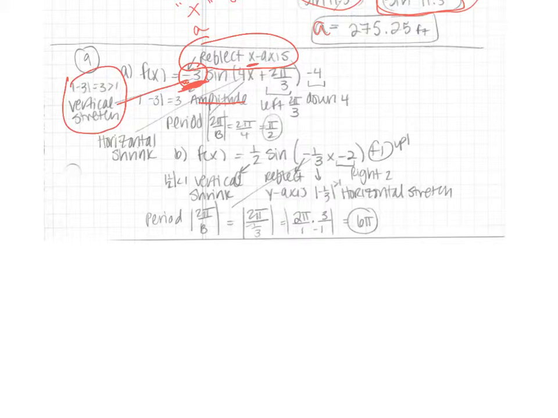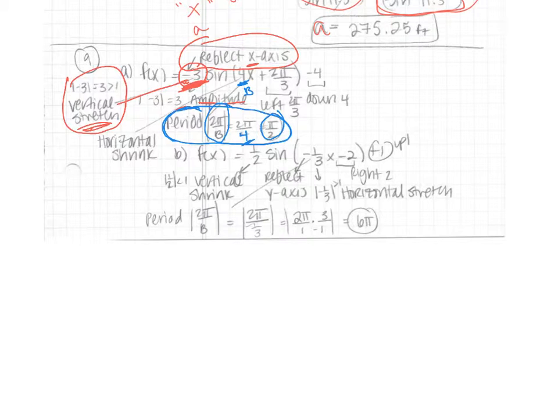So you take the absolute value, the amplitude is 3, and it's bigger than 1, so it's a vertical stretch. In blue, we see a 4, and that tells us about 2 things. Thing number 1, period. The formula is the absolute value of 2 pi over b, so we plugged in 4 in the denominator, and we simplified, and we got the period is pi over 2. And then it also tells us about our horizontal stretch or shrink.